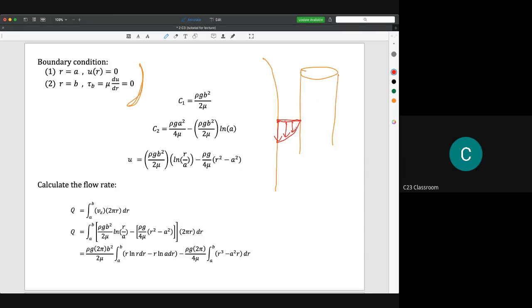Okay, this is the radius. If the radius here is equal to a, it means the velocity u is equal to 0. So we get the first condition. And then for the second condition, I think you know the trick from the previous question. Here we found that the velocity actually starts to become constant.